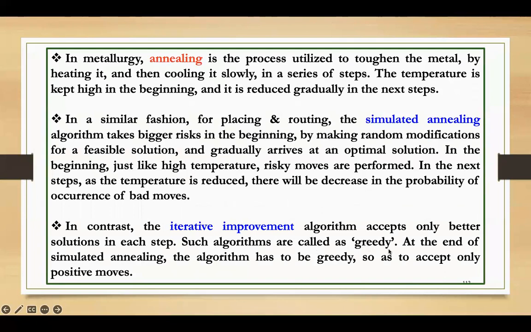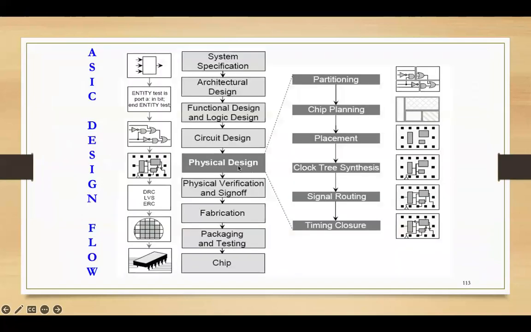Such algorithms are called greedy algorithms, because it needs more. What is more? Cost will be more, temperature also will be more. At the end of simulated annealing, the algorithm has to be greedy so as to accept only positive moves. So you just have to know about simulated annealing, right? You can draw the graph and you can explain what it is.